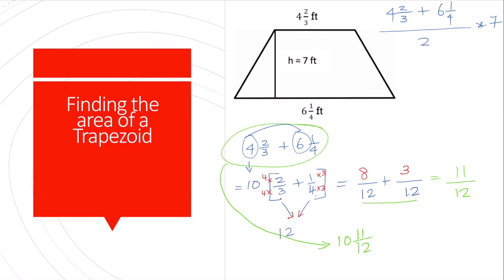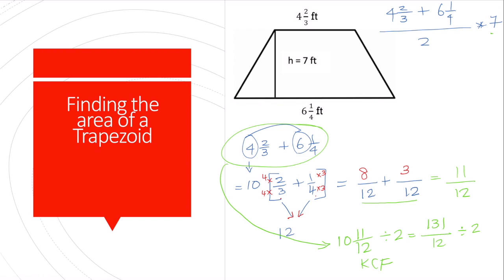I'm not done. I have to divide this by 2 and then multiply by 7. So 2 more steps remaining to go. Let's convert this into an improper fraction, because now I have to divide by 2. 10 times 12 is 120, plus 11 is going to give me 131 over 12, divided by 2. Do the keep, change, flip method, multiplying by the reciprocal.